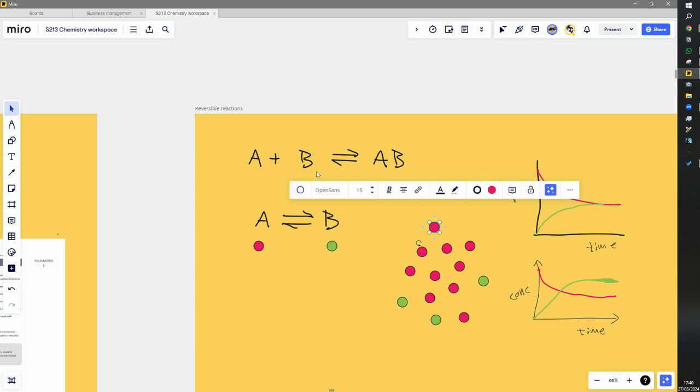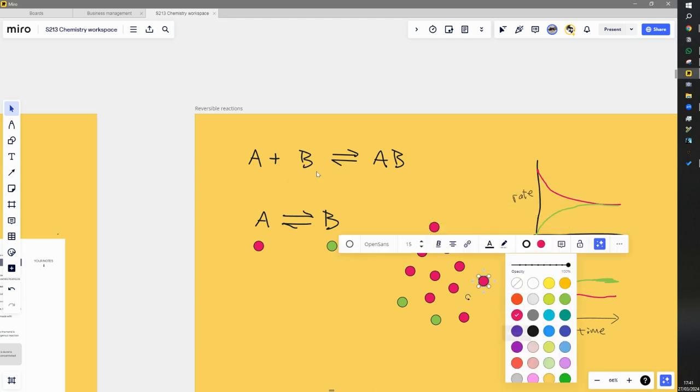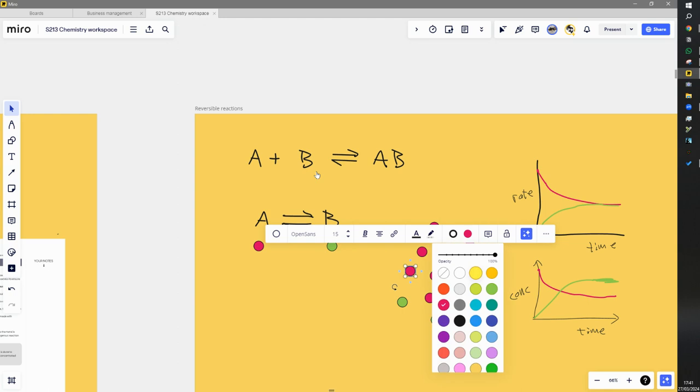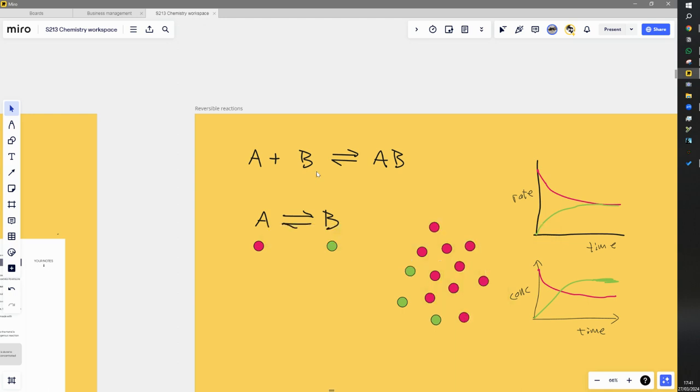So we never know which one is going to react, but the concentration stays constant. However, the reactions are still continuing. That's what we mean by dynamic equilibrium.